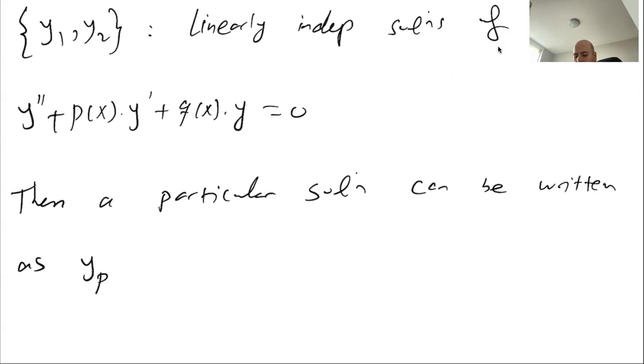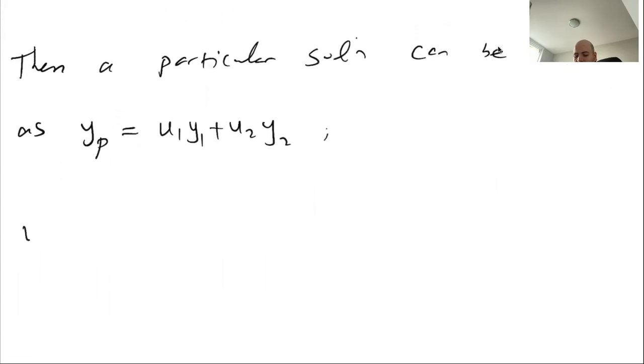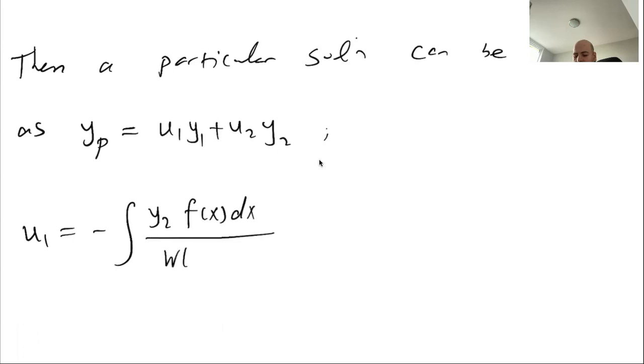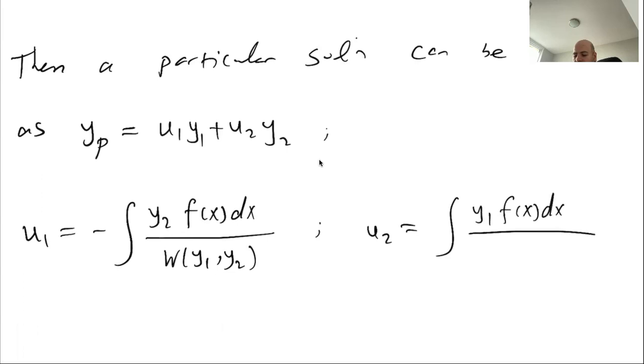as yp equals u1 y1 plus u2 y2, and we derived the expressions for u1 and u2. u1 was minus the integral of y2 f of x dx divided by W of y1 and y2, the Wronskian, and u2 was the integral of y1 f of x dx divided by W of y1 and y2.